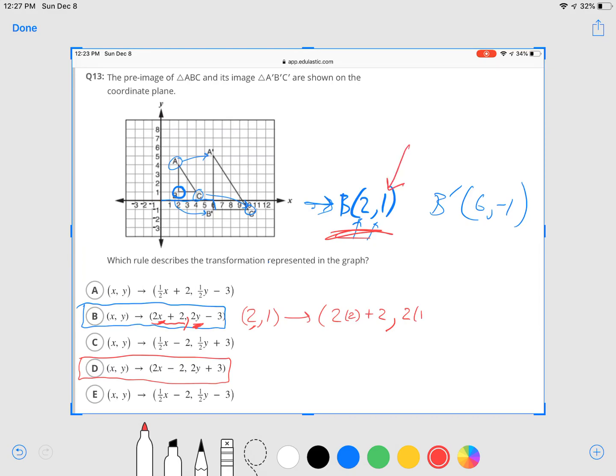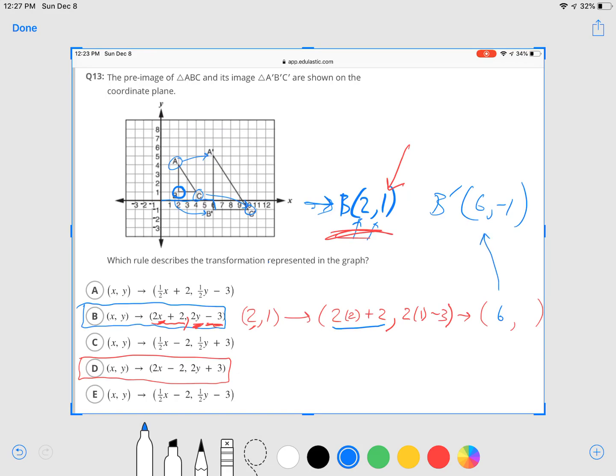So we're going to plug 1 in there. And then it says minus 3. So minus 3. Okay, and now we can try to evaluate that. So we're going to end up with 2 numbers. This blue part, 2 times 2 plus 2, is 6.